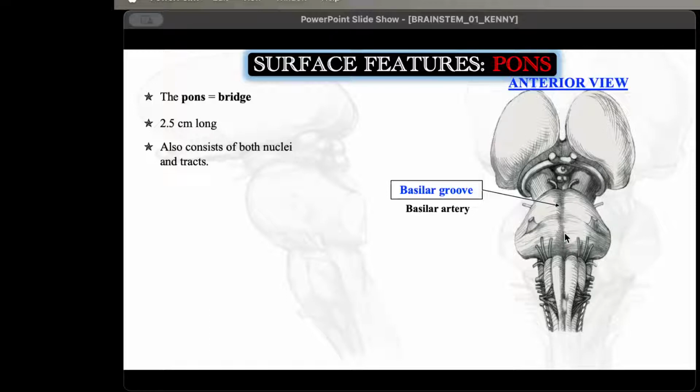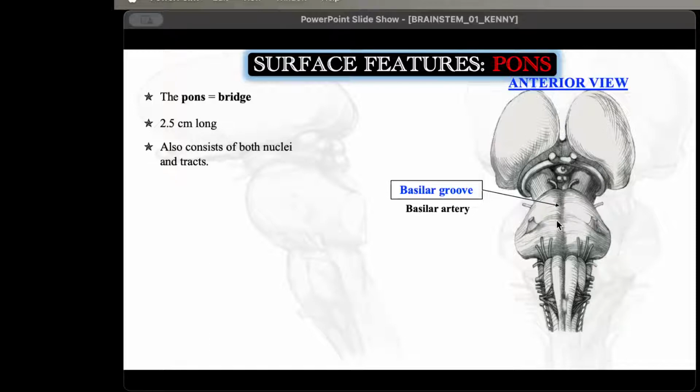This basilar groove is where the basilar artery passes, so this impression is made by the basilar artery on the surface of the pons. There's not much surface anatomy on the pons, not much to discuss.